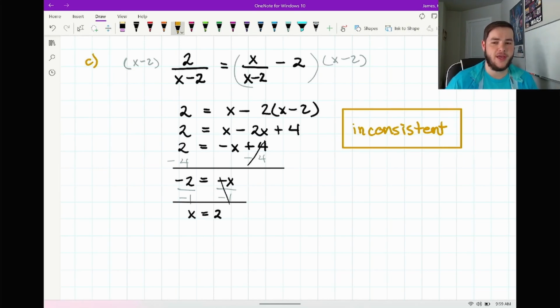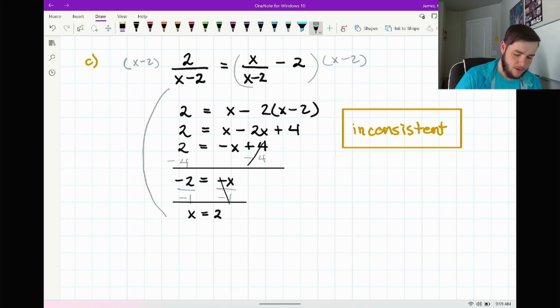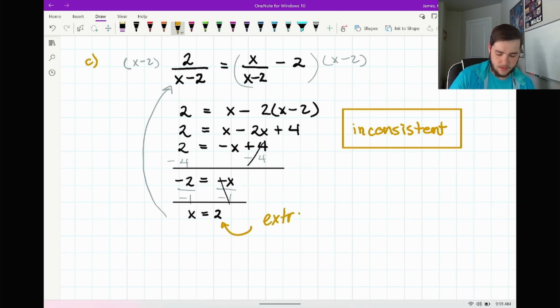Well, take a look at our answer, x equals 2. If I were to plug that back in, I would cause division by 0. So x can't be 2. Sometimes, when using this process, we end up in this predicament. When this happens, we call x equals 2 an extraneous solution.